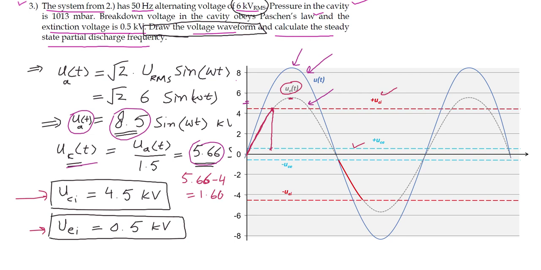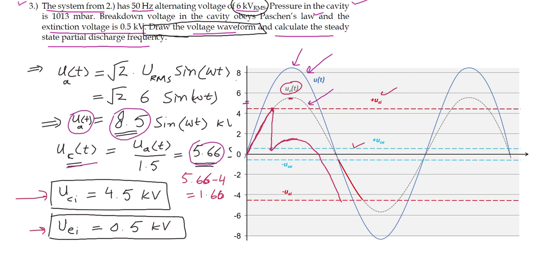So now this waveform will only achieve this much value, and it will follow the same pattern. Okay, then it will go down until it reaches the breakdown voltage on the negative side. It is the ionization voltage on the negative side.